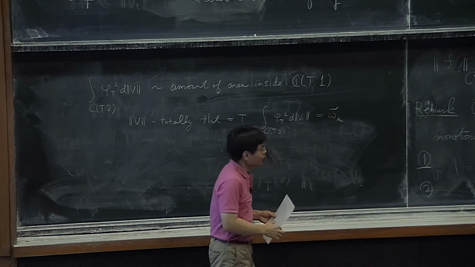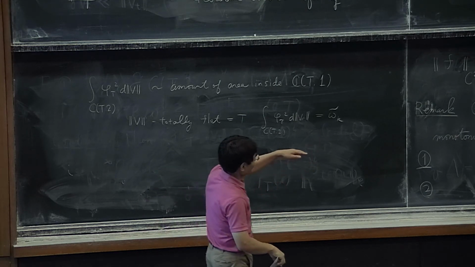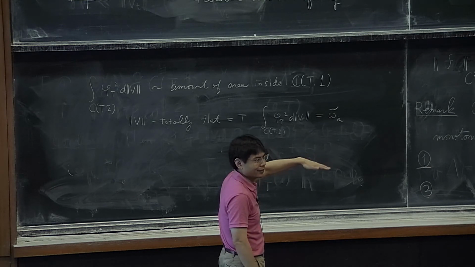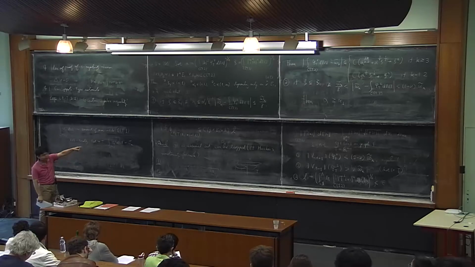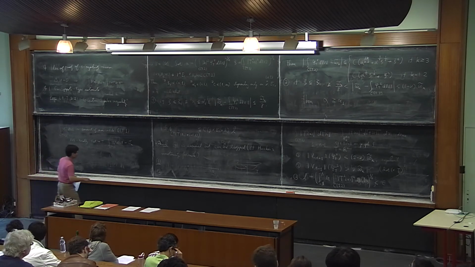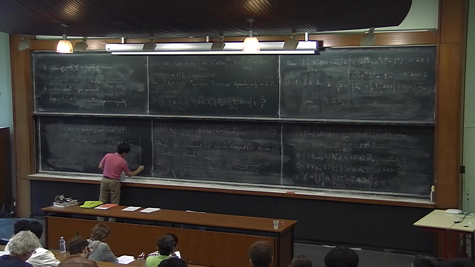Okay. Now, this third condition is saying that the area is not too far from the unit disk, at least that much, say omega k over 8. So maybe I should draw a picture.